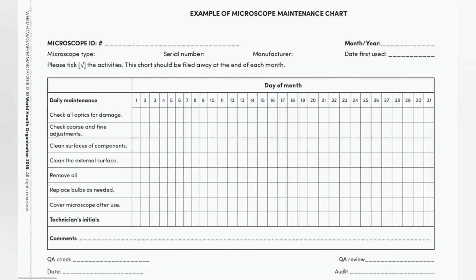There is a chart for preventive maintenance by the World Health Organization. This chart gives a highlight of what needs to be done every day, weekly, or monthly. Once this is followed judiciously, then it will be very difficult for there to be any breakdown of any microscope.